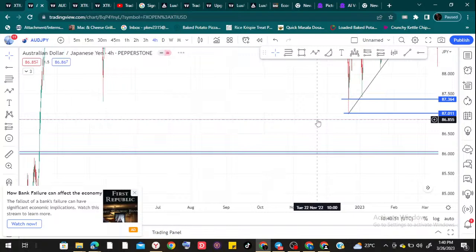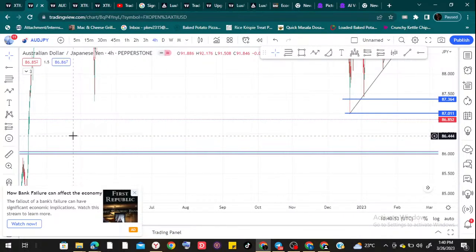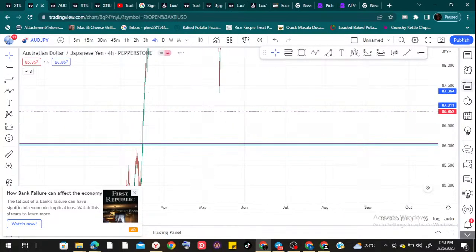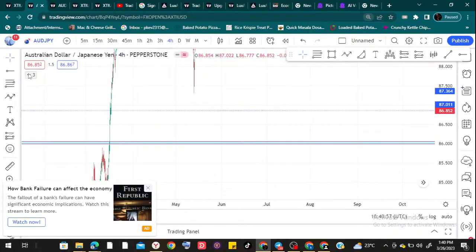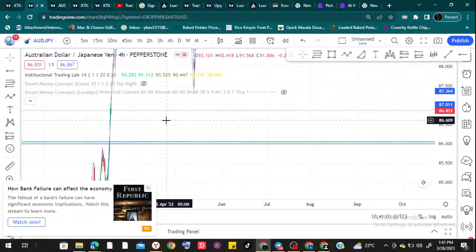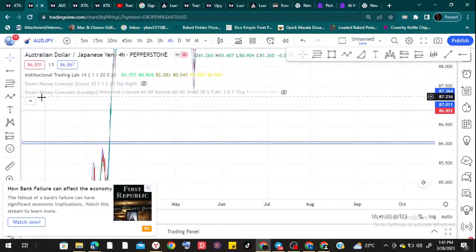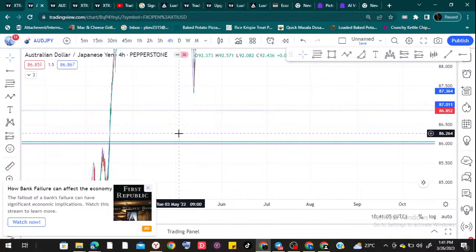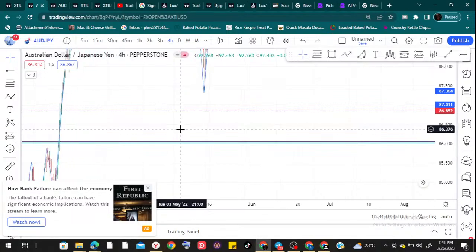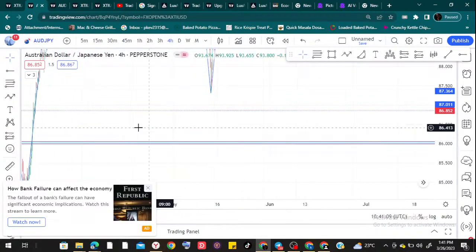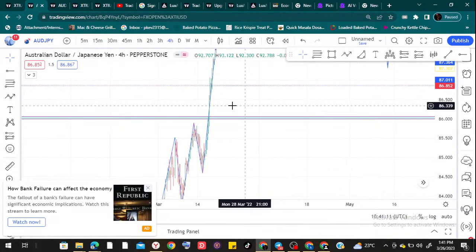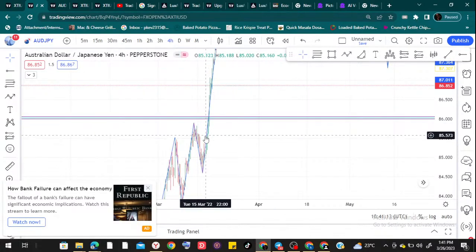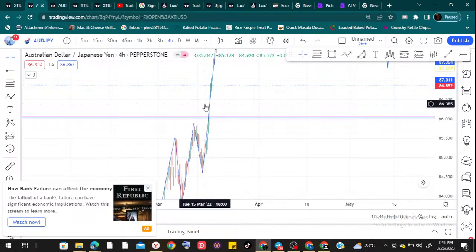So around this zone initially there was, let me see if I can open that indicator so that I can show you. This is the indicator. So around this zone there were some orders left, so that indicator can clearly show you some of the points where there are some orders left.